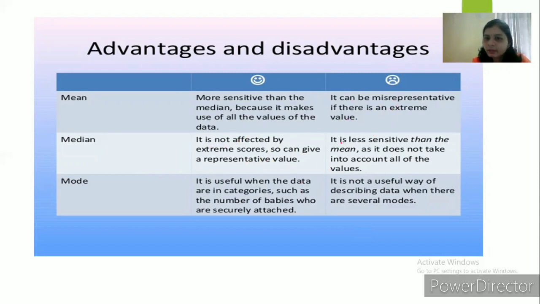And its disadvantage is that it is less sensitive than the mean, as it does not take into account all the values. Then the advantage of the mode is that it is useful when the data are in categories, like the number of babies who are securely attached. Then it is not a useful way of describing data when there are several modes.